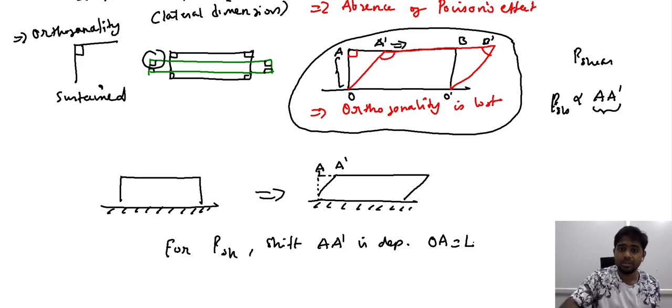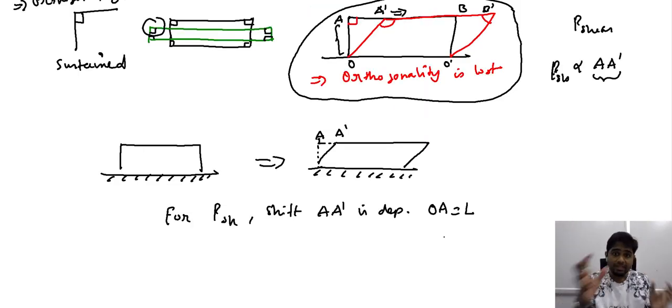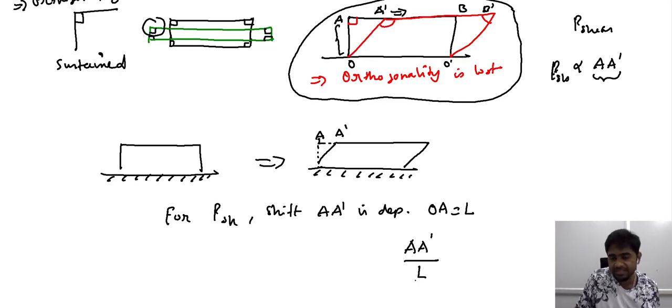So if we want to get rid of the influence of the sample dimension on the response that we observe, then all we need to do is take the ratio of the shift in the corners that we observe to the dimension of the sample, that is L. So we are imposing a shear load, there is a response, and we are able to realize it by considering the change in the corners, and this shift in the corners is dependent on the length of the sample, that is OA.